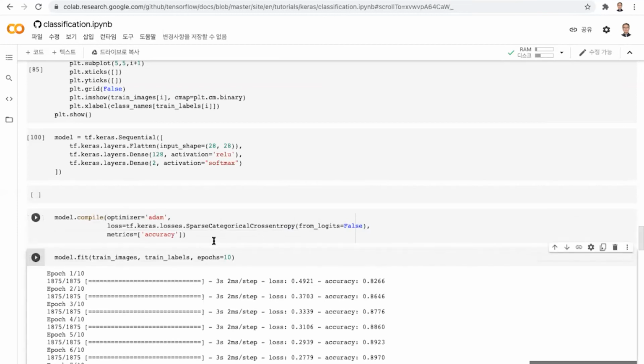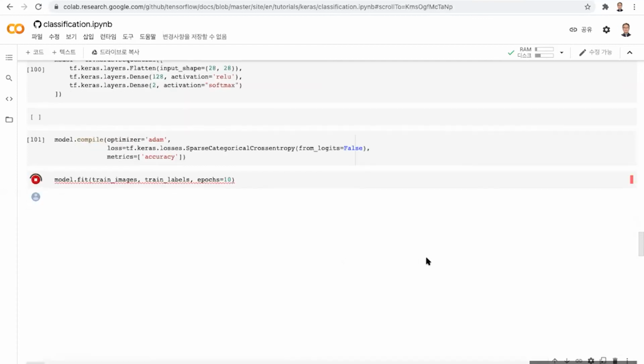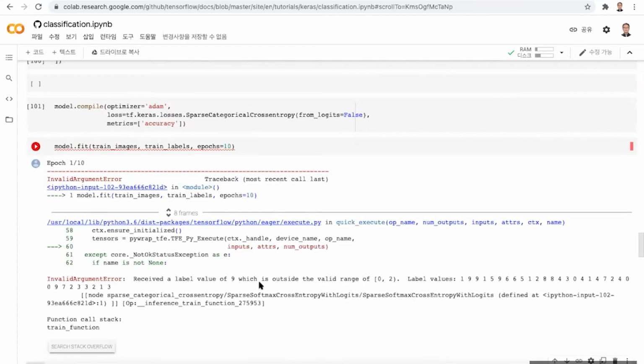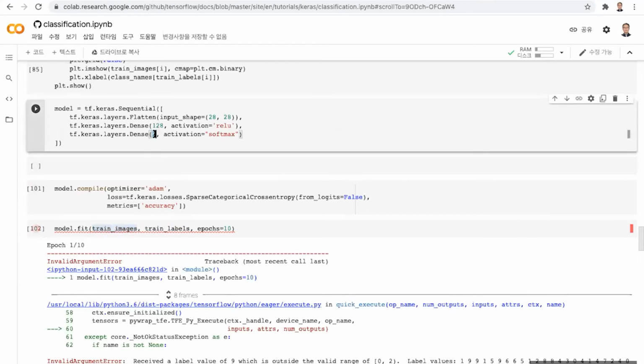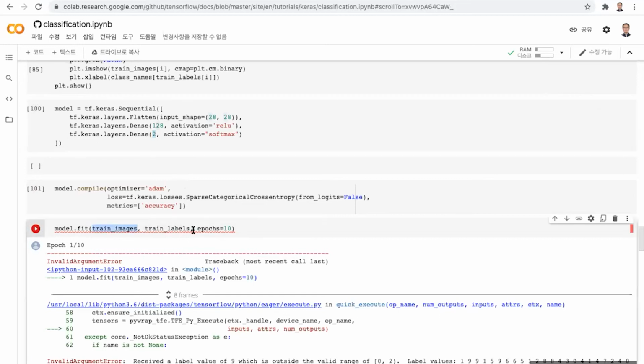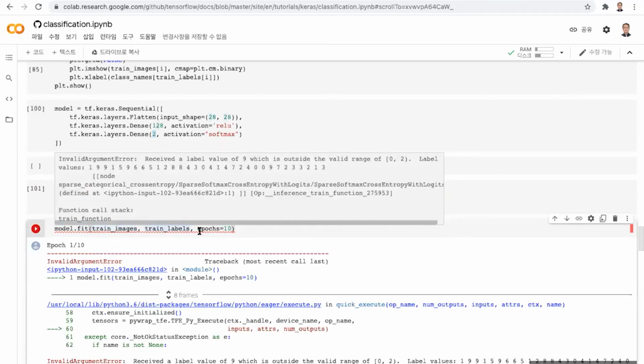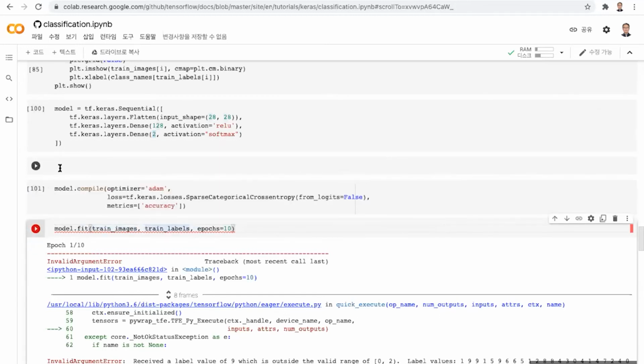And if you try to run this one, at first it looks fine, but you will get an error. So why do you get an error? Your input is okay, whether you change it to 2 or 3, but your train labels have 10 different values.